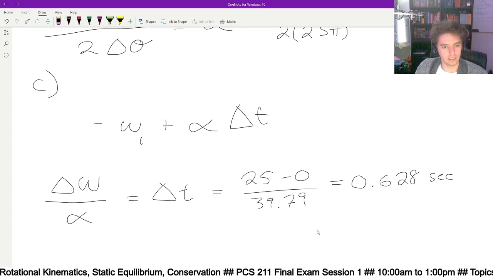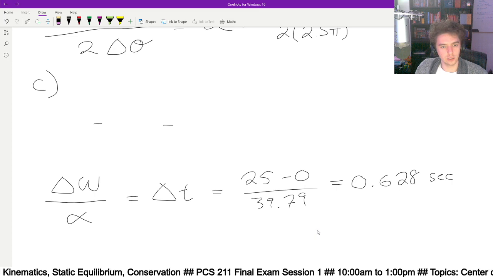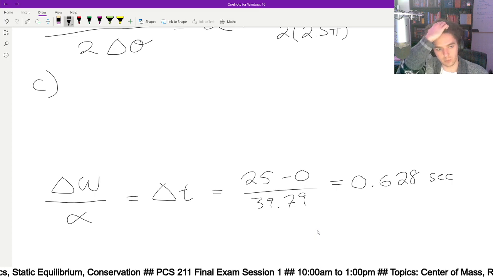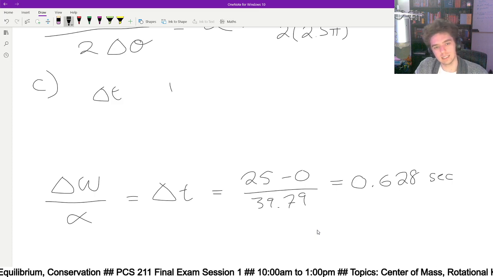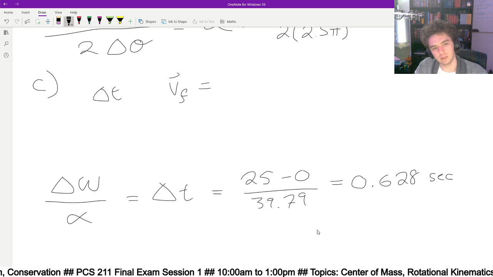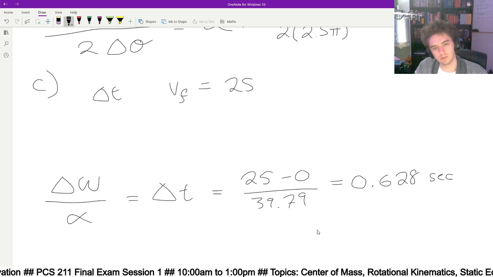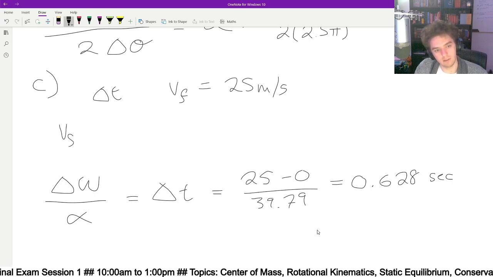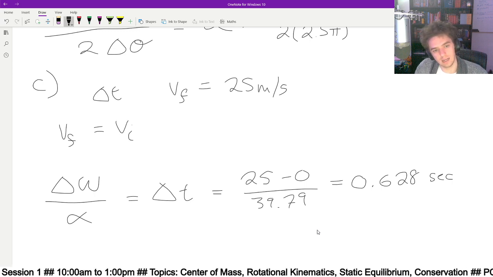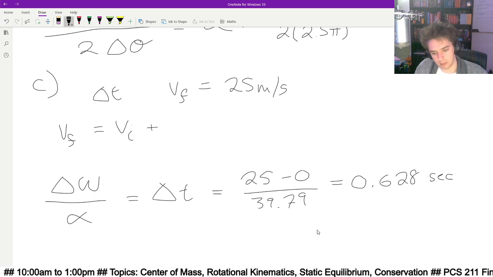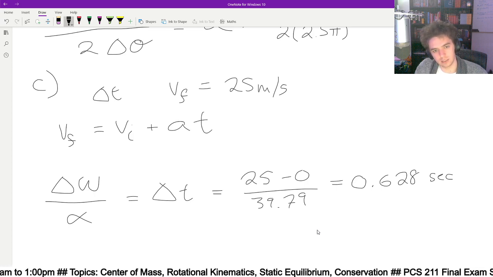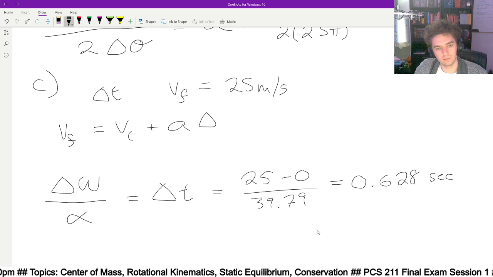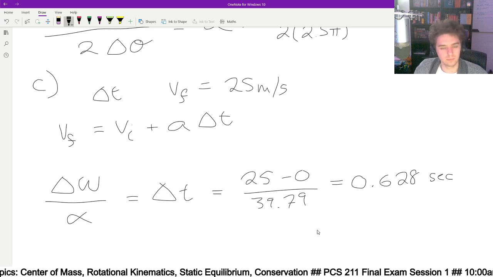What we really need is the linear equations, because it asks for delta t to get the magnitude of VF equal to 25 meters per second. So I need VF equals VI plus acceleration times t.